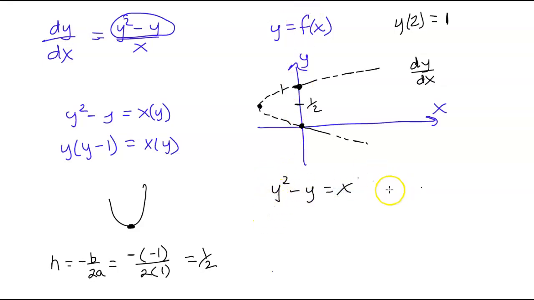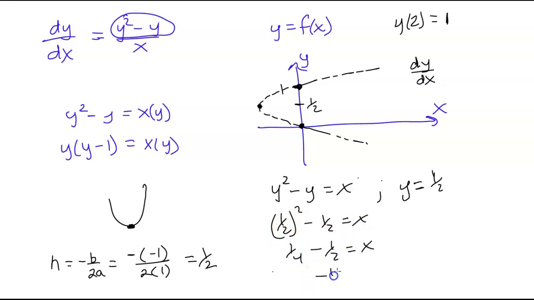If we let y equal a positive 1/2, then y squared is 1/4, and 1/4 minus 1/2 is minus 1/4. So what this is telling me indirectly is that my x values are going to have to be greater than or equal to negative 1/4, and my y values are going to have to be greater than or equal to a positive 1/2.